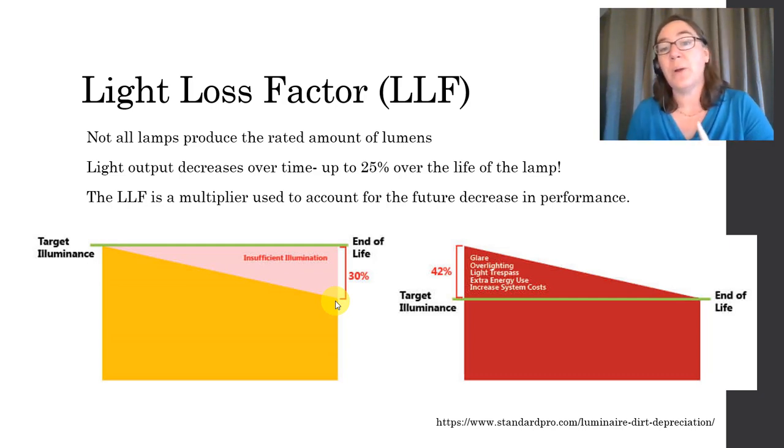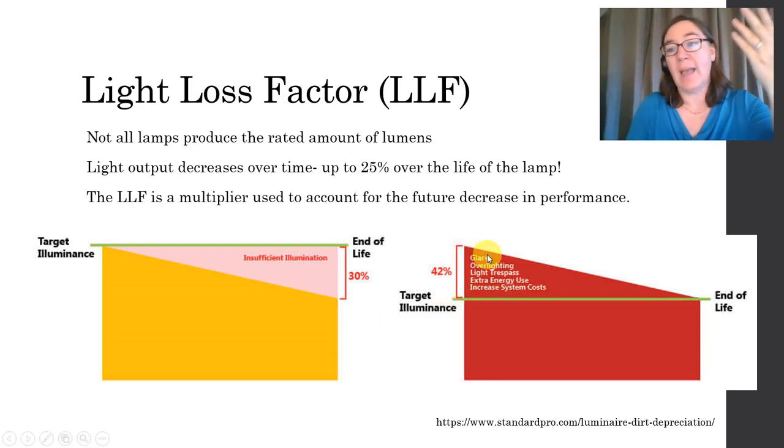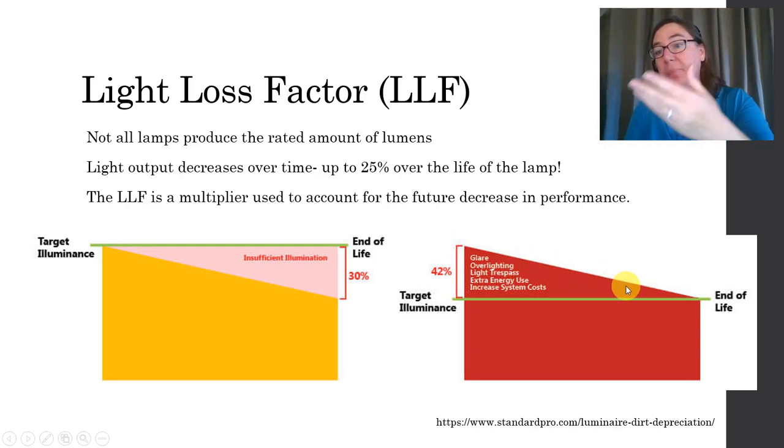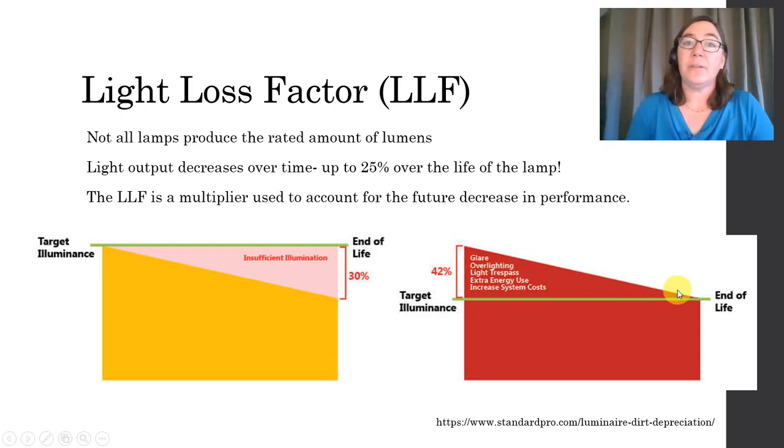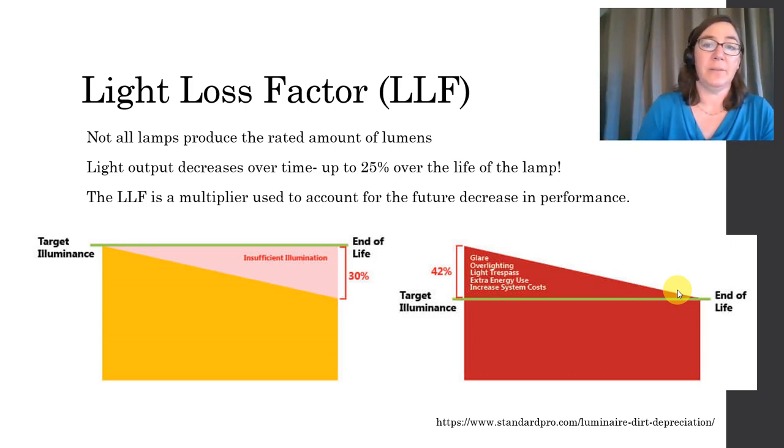So what we do is use this LLF to increase our goal illuminance, so that as it decreases over time, we will eventually meet. We will never dip below that target illuminance.